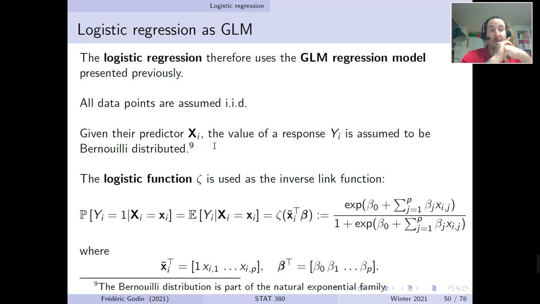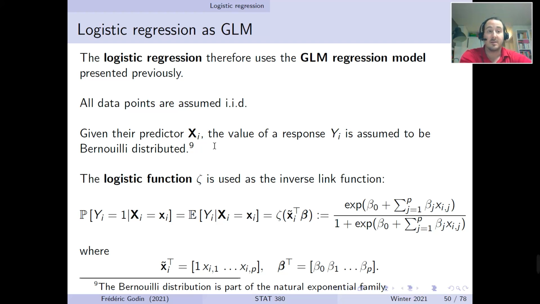To be more precise, logistic regression uses the GLM regression model we introduced in the previous chapter. All the theory has already been worked out, so we won't repeat it here. It's exactly the GLM regression model with a specific assumption about the distribution of the response and a specific link function.